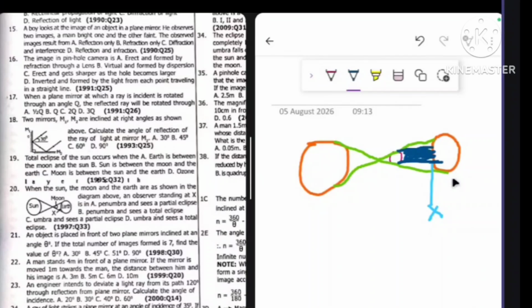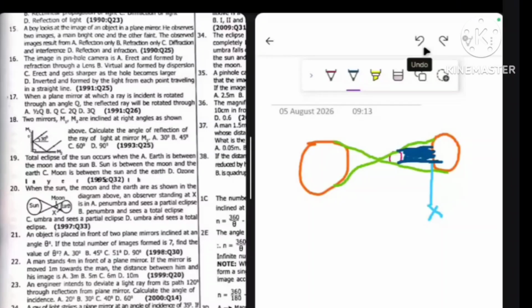So based on the position of our observer at X, where is the person standing? I said, based on our diagram and the position of X, where is the observer standing?